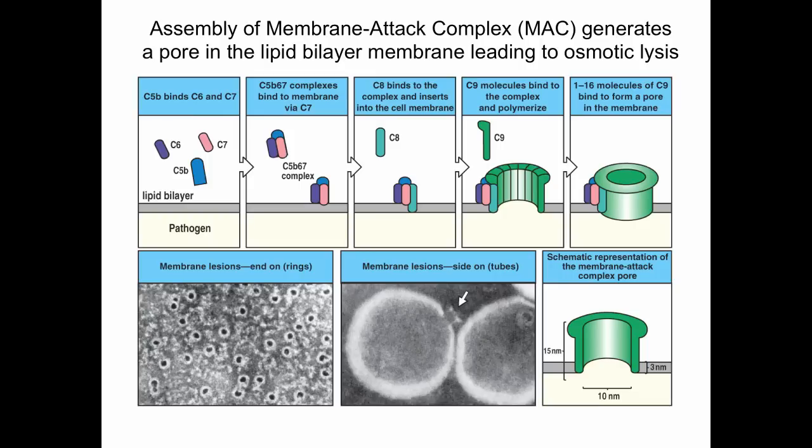And finally, complement has a role in directly killing microorganisms. So there are a series of complement proteins that when they're activated, and again, don't pay attention to the numbers here, it's just a series of different complement proteins that assemble together to form a pore on the surface of the microbe, in this case on the surface of a bacteria. And by forming a pore in the cell wall of the microbe, it destroys the osmotic balance of the microbe, and extracellular fluid rushes in and the microbe will burst by osmotic lysis.